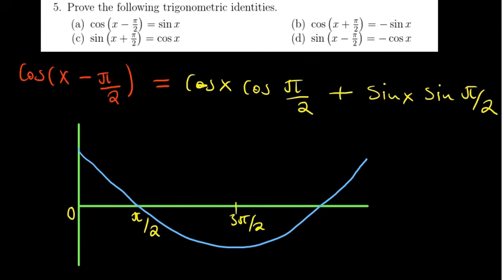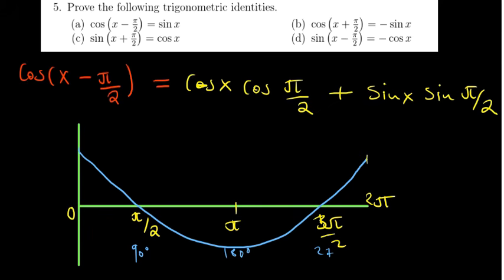Wait, what have I done? No, it's actually pi at this point. After pi over 2, you have pi and then 3 pi over 2, and finally 2 pi. That is the same as 90, 180, 270, and then 360.